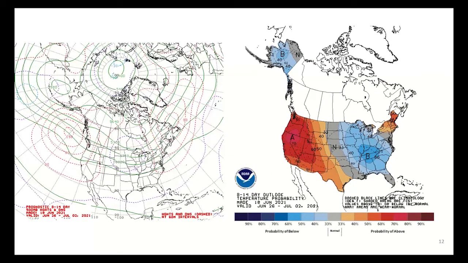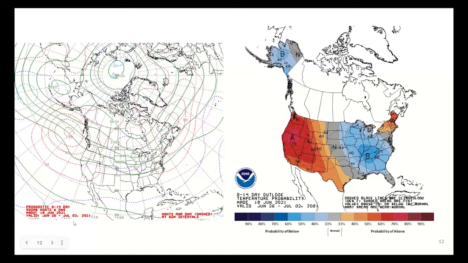And we also use 500 millibar height anomalies. On the left-hand side is our week 2 manual 500 millibar height blend. During that week, June 26th through July 2nd, there were positive 500 millibar height anomalies as high as 90 meters over the coastal Pacific Northwest.